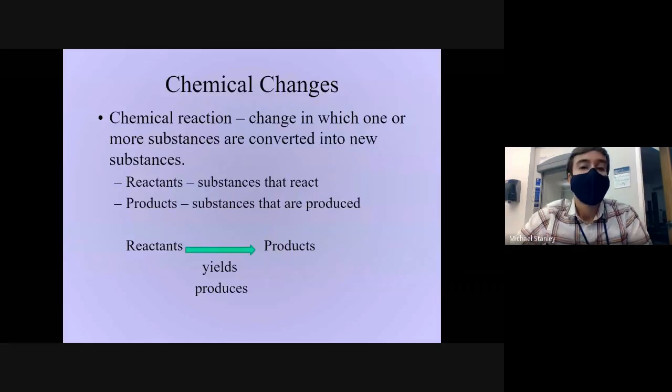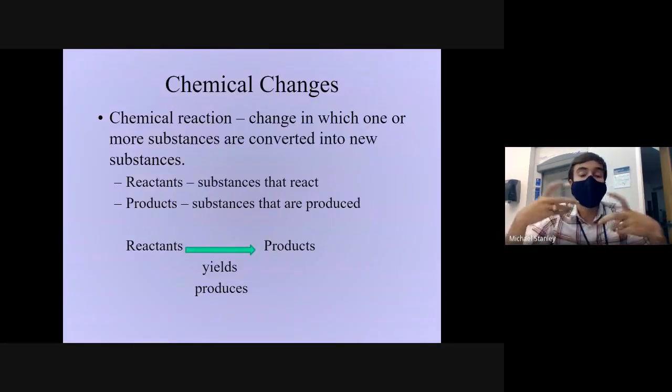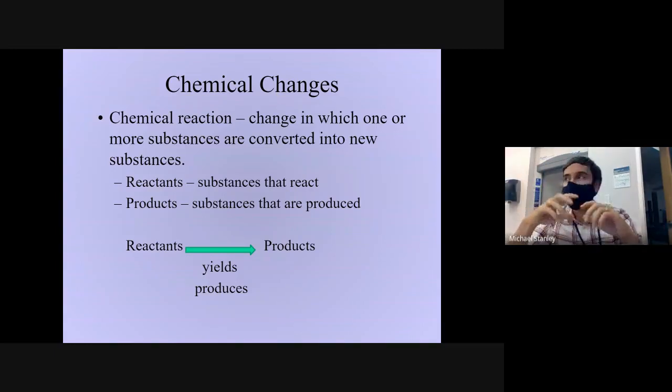All right. So you may remember from yesterday, and by yesterday, I mean Tuesday, last class, that chemical changes and chemical reactions are all about taking one set of substances and turning it into something new.